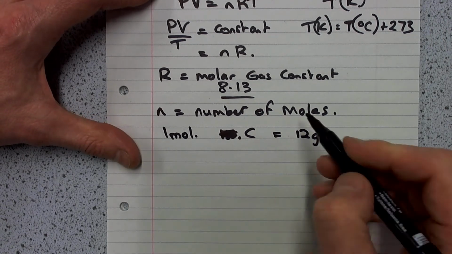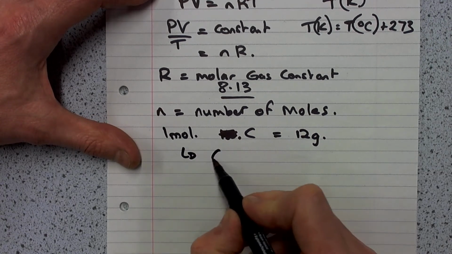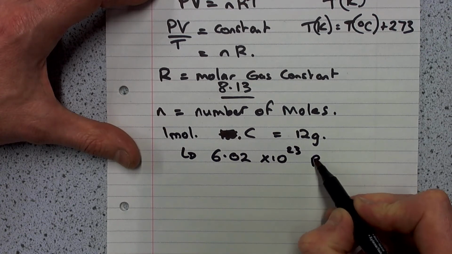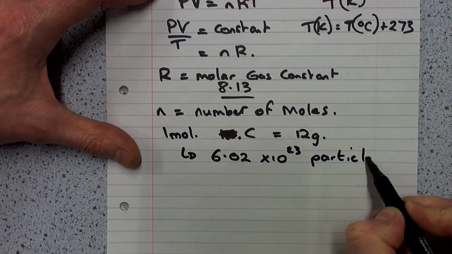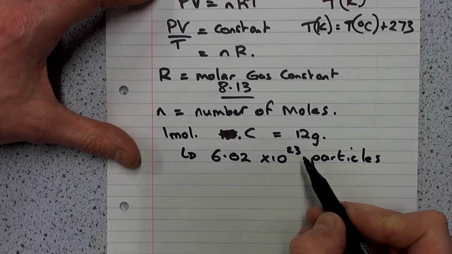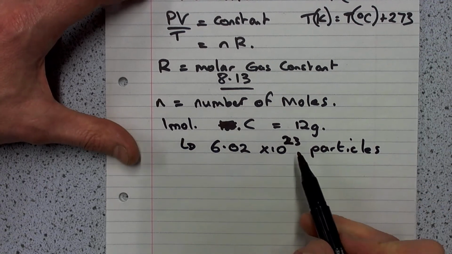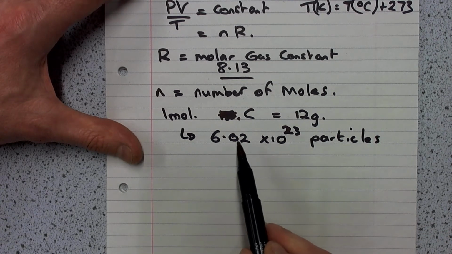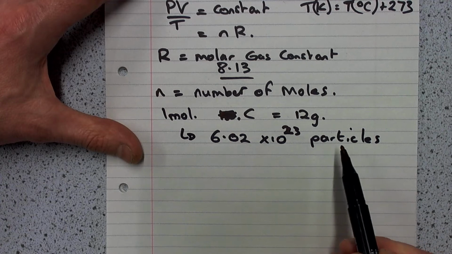And the reason for that is because 1 mole contains 6.02 times 10 to the 23 particles. So it could be atoms, could be molecules. 23, can you see that a bit better? Lovely, and if we weigh out 12 grams of carbon, there are 6.02 times 10 to the 23 particles there.